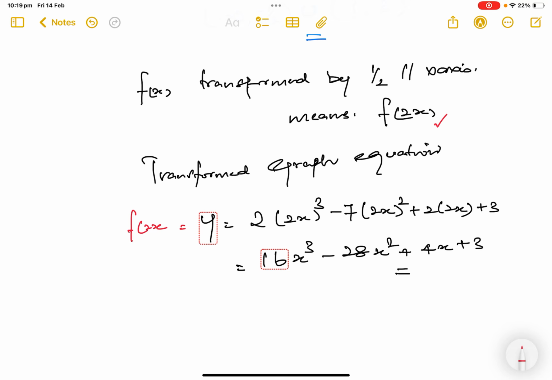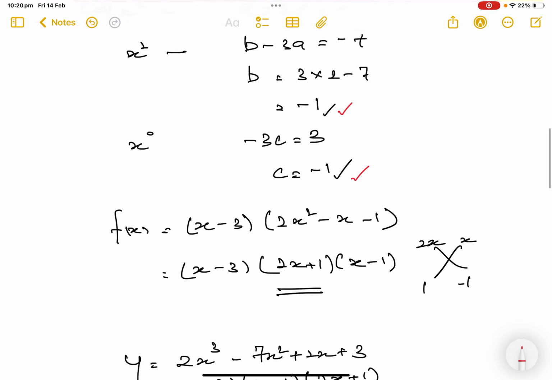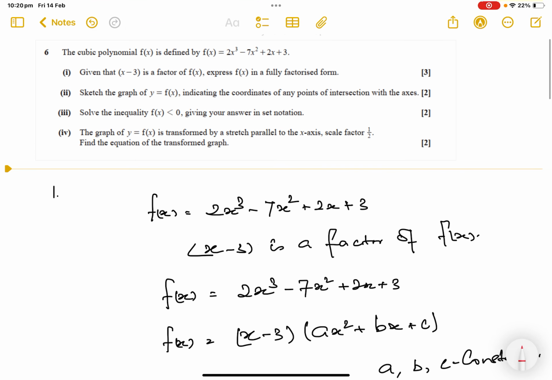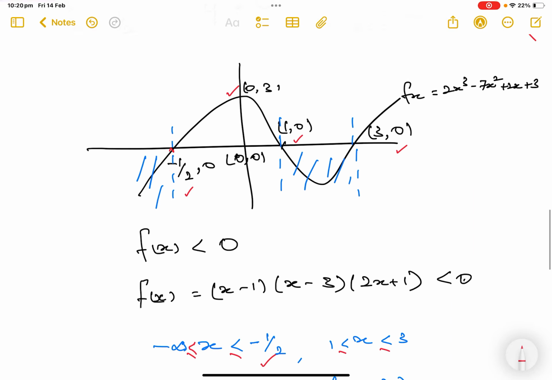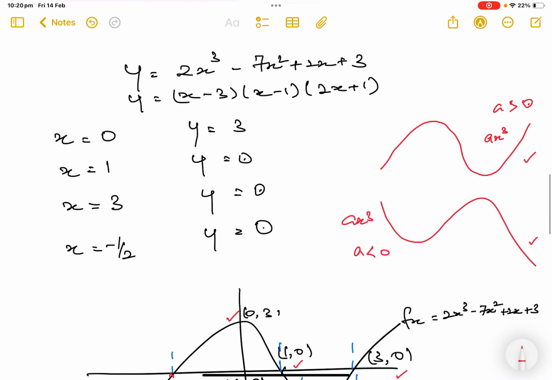That is 8 times 2, 16x³, minus 28x², 4 times 7 is 28, and plus 4x plus 3. That's the transformed equation when it's stretched parallel to the x-axis by 1/2. So the 1/2 becomes 2, just 2x. That's as simple as that.